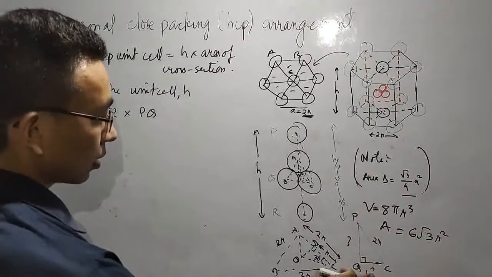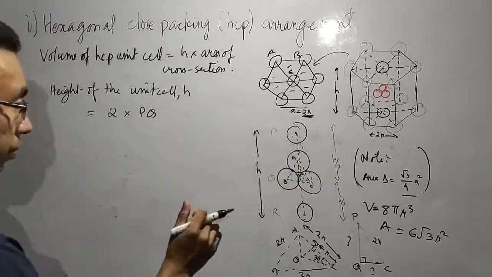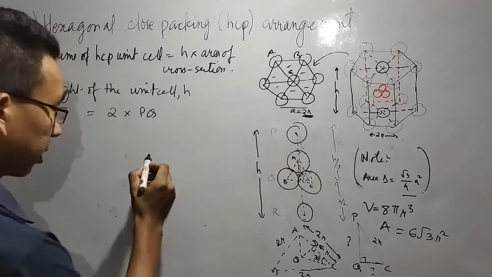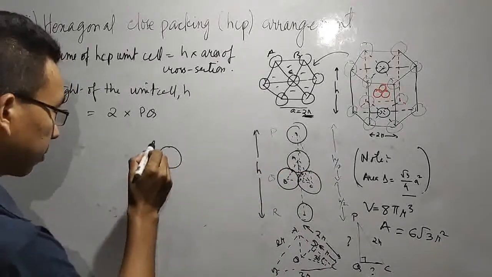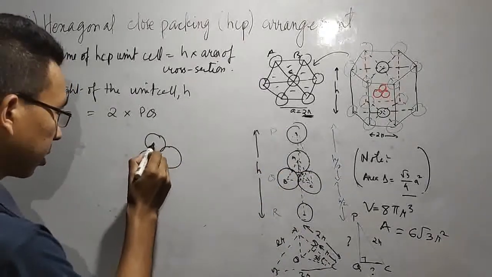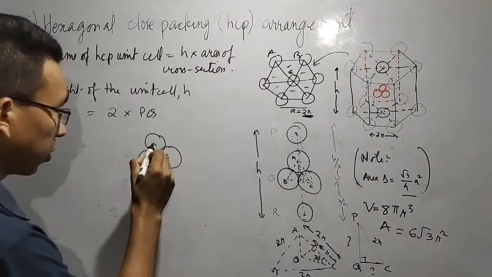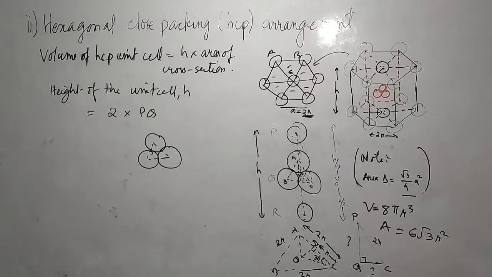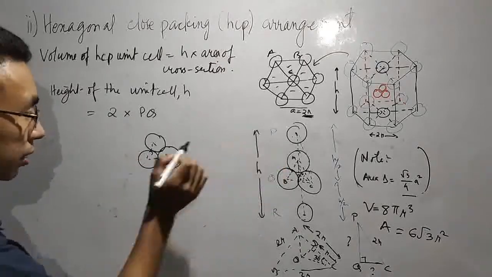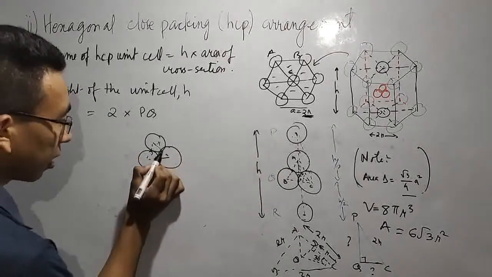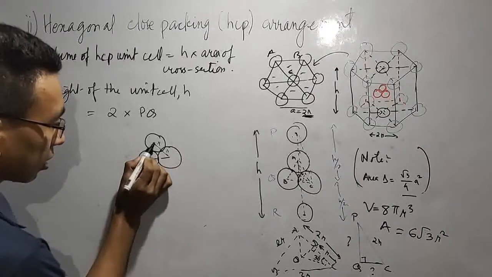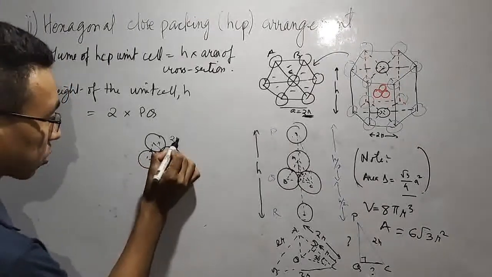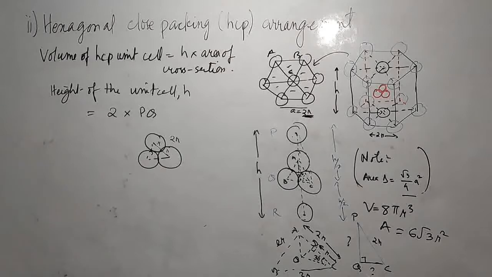So let us see in this diagram, suppose these 3 atoms form an equilateral triangle. If we join the midpoints of the spheres, and we know every sphere has r as radius, the total distance from here to here will be 2 times r.